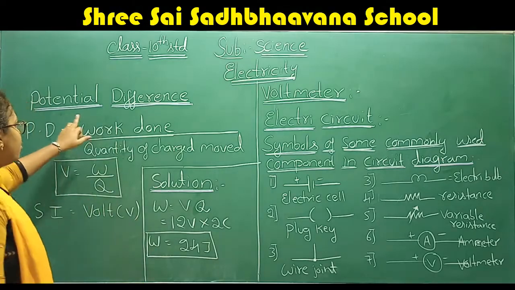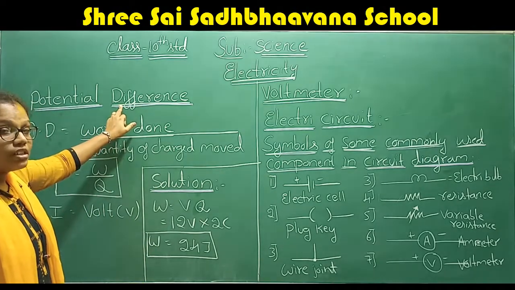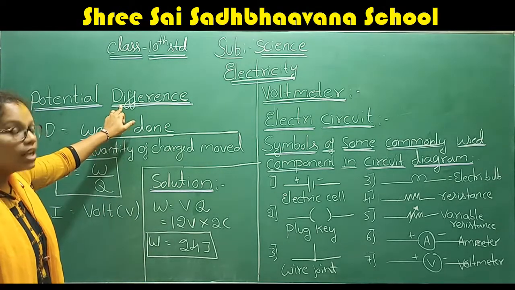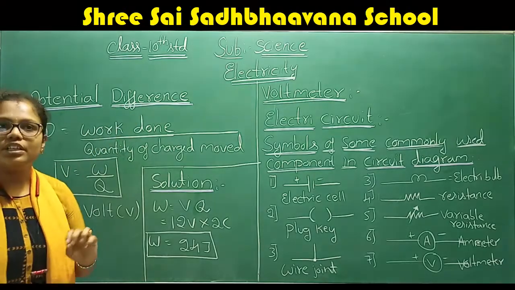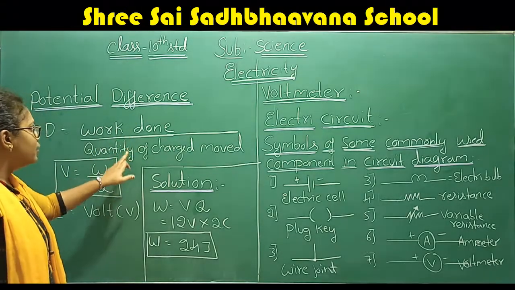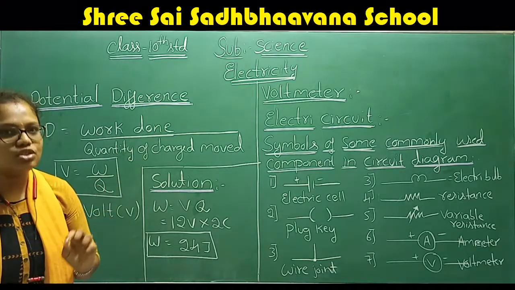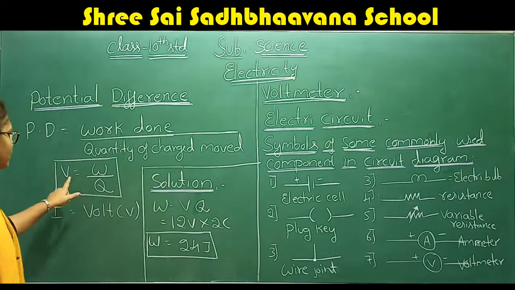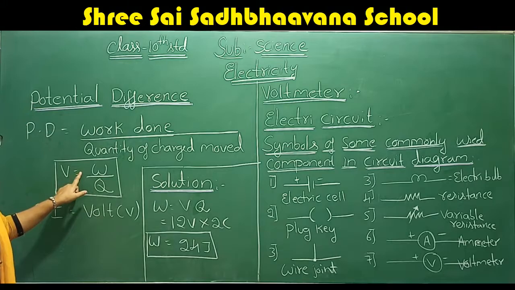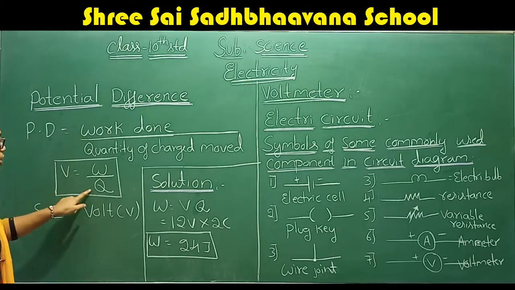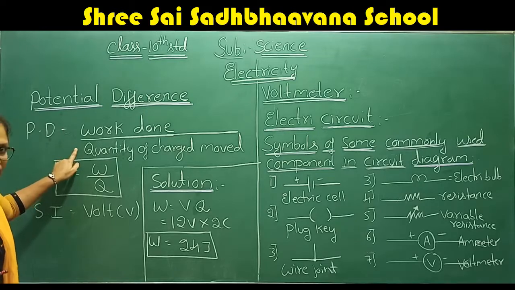The formula is work done divided by the quantity of the charge, V equals W by Q.